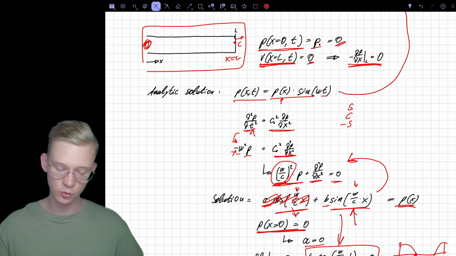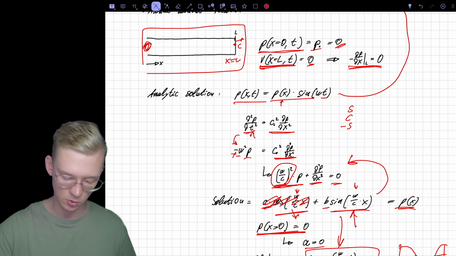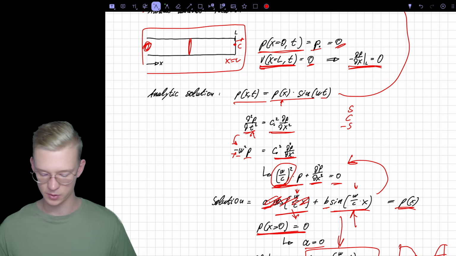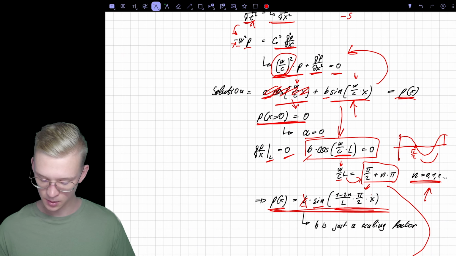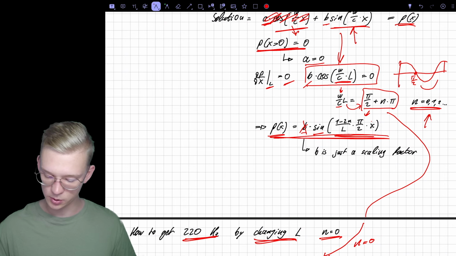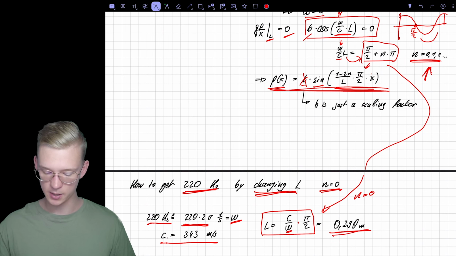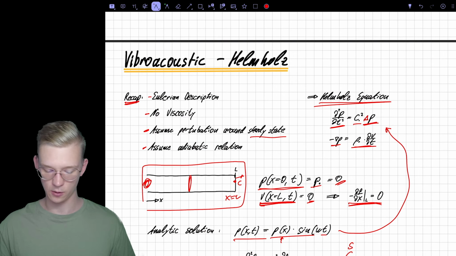So if we have a tube that is 40 centimeters long, we're in the one-dimensional case here, where we assume the pressure in the y direction is always equal, and we choose the first excitation where n is equal to 0, we know that our tube has to be 40 centimeters long.